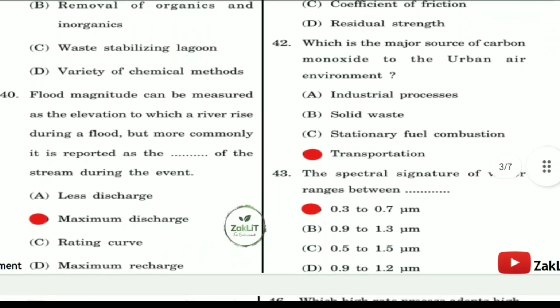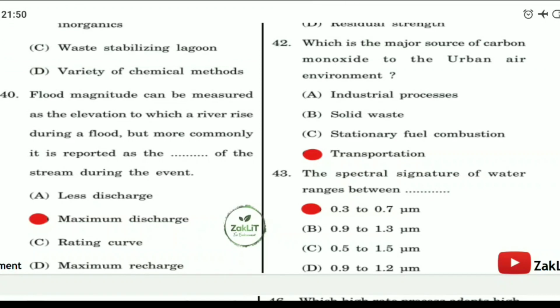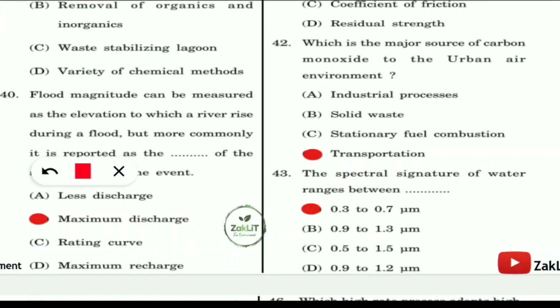Question number 43 on your screen. Question number 43 is, the spectral signature of water ranges between what to what micrometer, and the correct option is option A, from 0.3 to 0.7 micrometer. Actually it is the visible range where the water reflects. You should also know the spectral signature of soil. That is also very, very important.